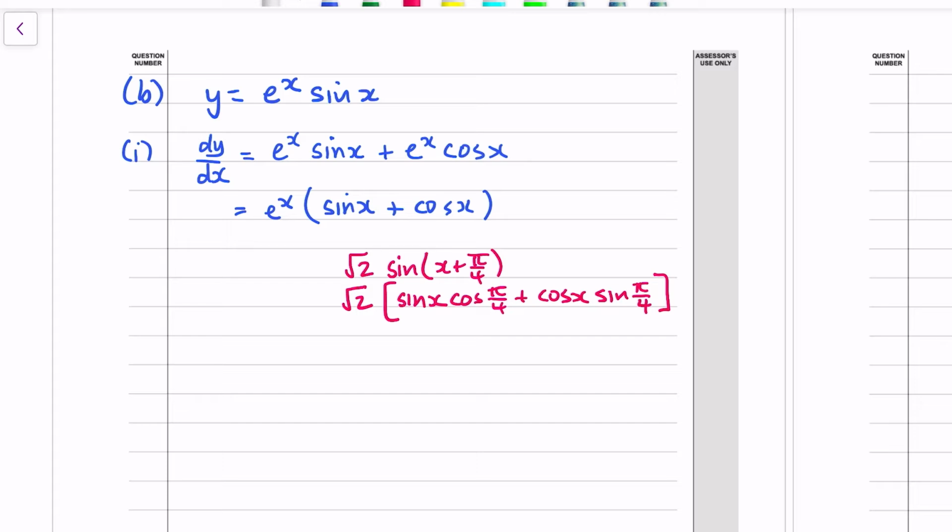So we get that equals that, which equals just sine of x plus cos x. And I can do that because that cancels with that and that. And then I would just backtrack it and go, therefore dy dx equals e to the x times root 2 sine of x plus pi over 4.